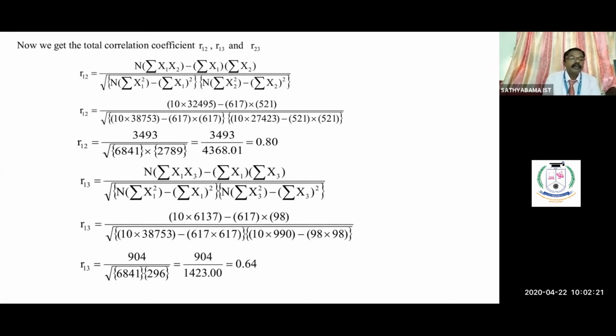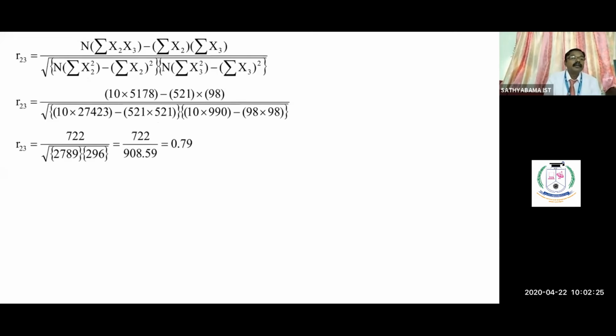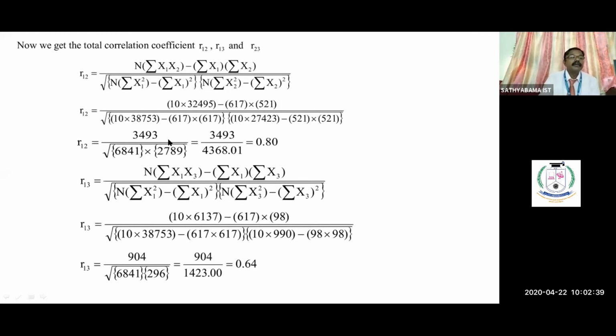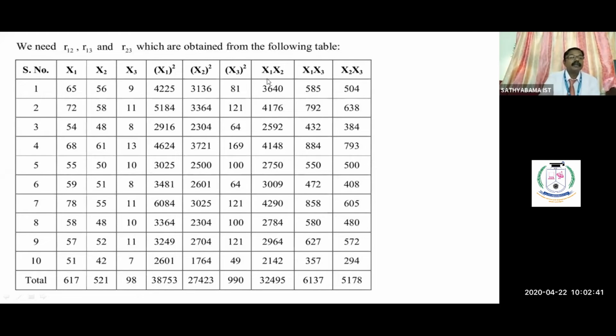Similarly, you have to calculate the other value R23: n into sigma x2 x3 minus sigma x2 into sigma x3, divided by the same type of denominator. We are finding sigma x2 x3 from the previous data, which is 5178.